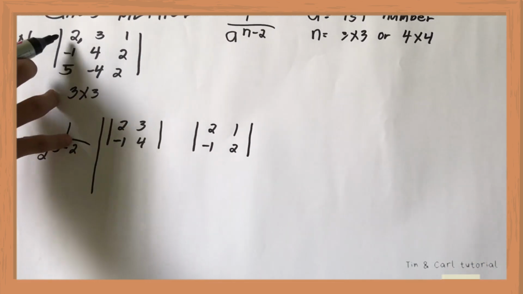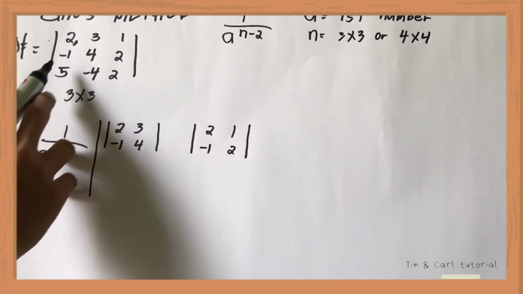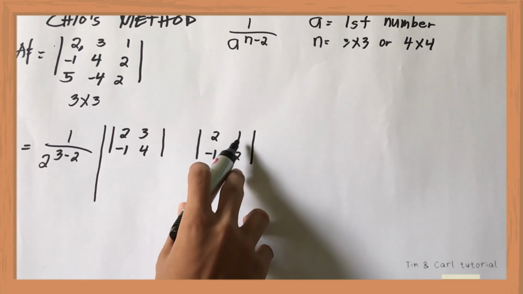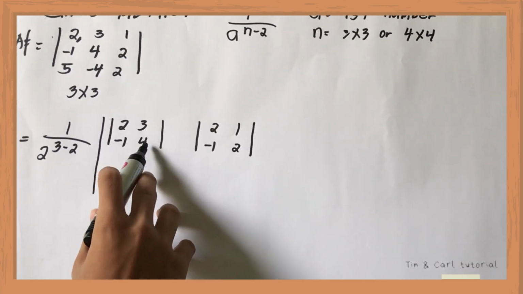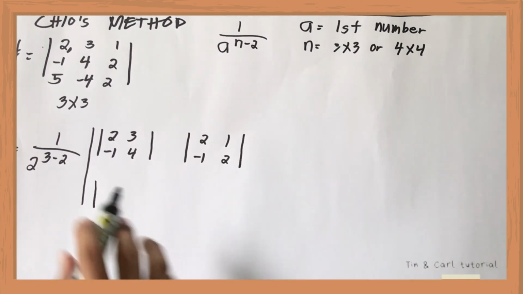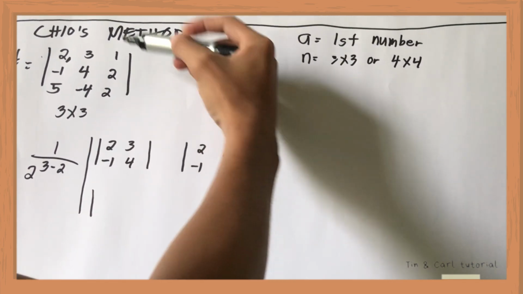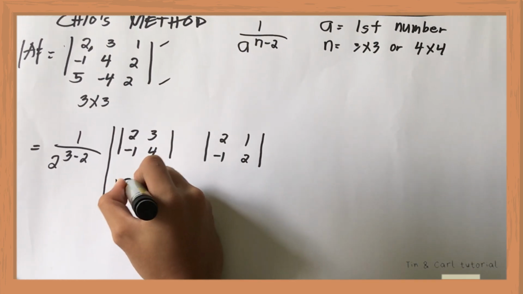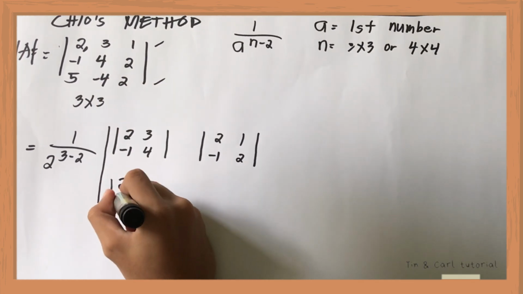So, makikita nyo dito, first row is 2, 3, 1. Yung second row naman is negative 1, 4, 2. 2, 3, tapos 1. 1, 4, and 2. So, next naman is kukunin natin yung first and third row. So, dito tayo nyan. First and third row. So, gagamitin natin is 2, 5.